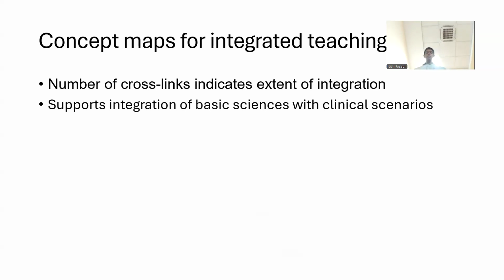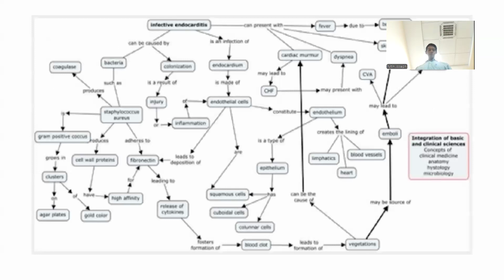One of the elements of a concept map is crosslinks. The more the number of crosslinks, the more is the extent of integration as far as integrated teaching is concerned. And this is an example of a concept map on the topic infective endocarditis.